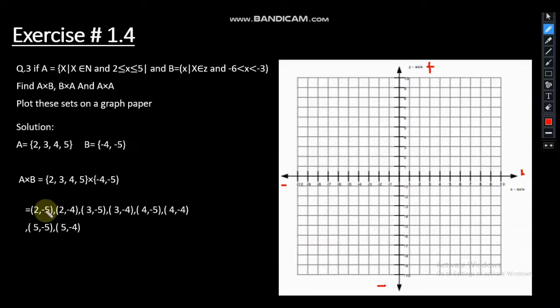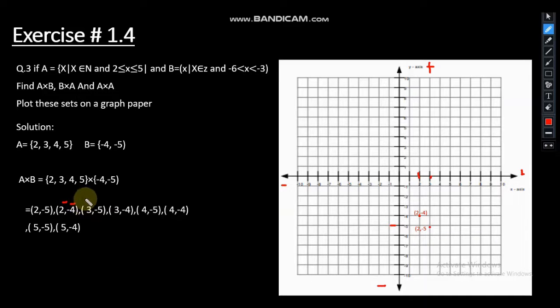So -5 is in this quadrant, and 2 is in this direction, so we write here (2, -5). Now again (2, -4): 2 in the x-axis direction, -4 in the y direction. So this is the point where this number lies, (2, -4).